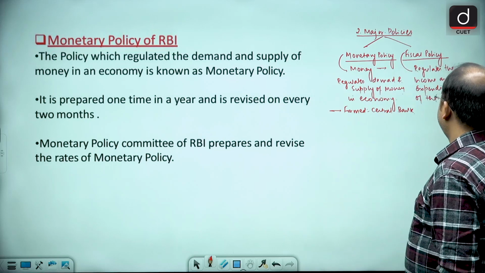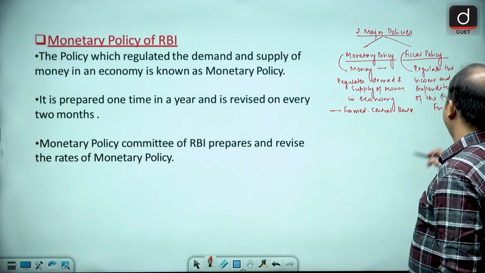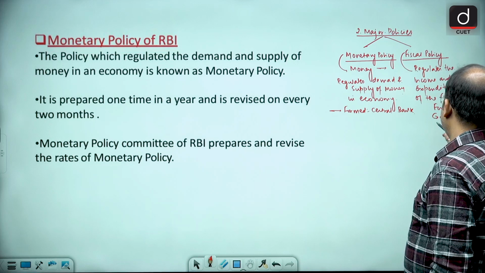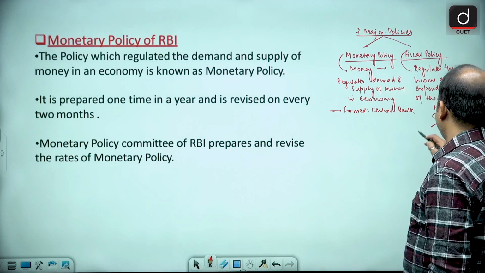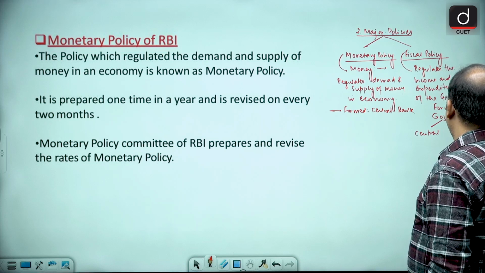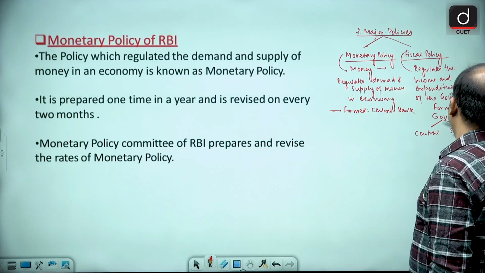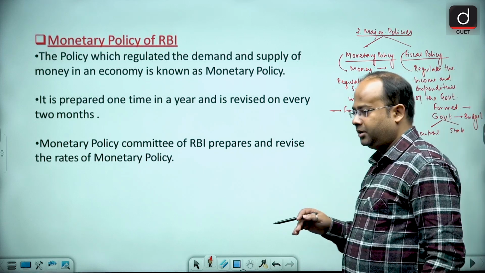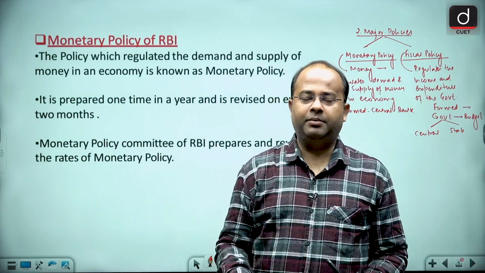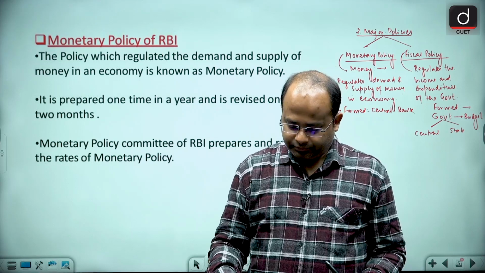And fiscal policy is formed by the government, whether it is the central government or state government, and fiscal policy is formed in the form of a budget. The budget is prepared by the central government and also by the state governments.